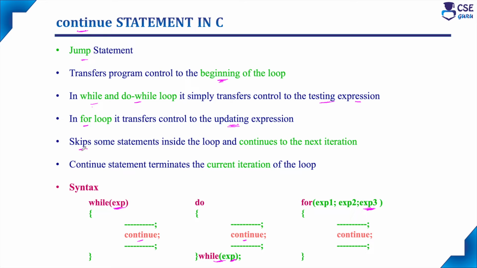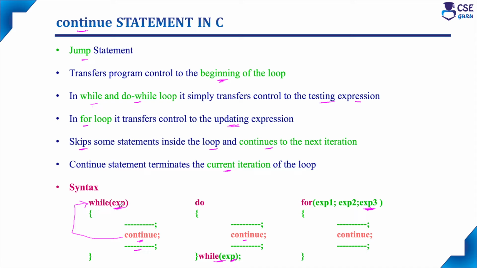If you are using this continue statement, it will skip some of the statements inside the loop and continue to the next iteration. The continue statement terminates the current iteration. Considering this syntax, inside the while loop, anywhere it is required, we can use this continue keyword. If you are using the continue keyword, this statement won't execute, this will execute, and whenever it encounters the keyword continue, control will be transferred to the next iteration of the loop.